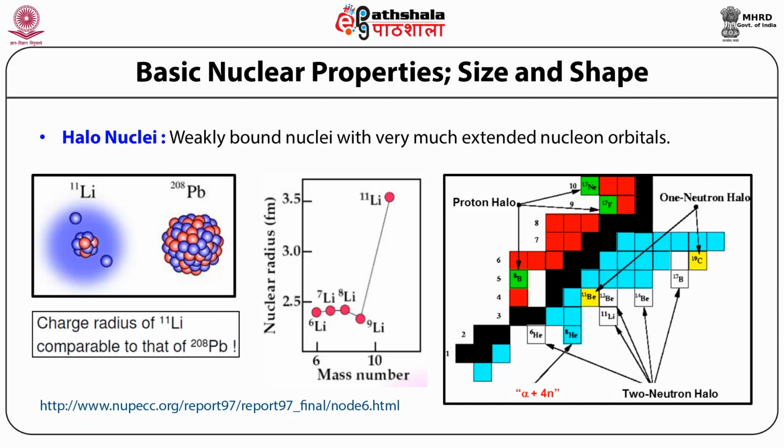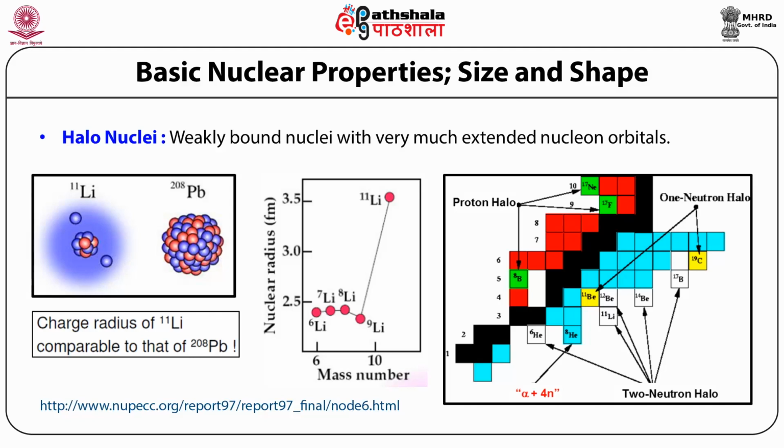It is not only the lithium 11 nucleus which is considered a halo. In further experiments, people have seen that there are a number of nuclei which can be considered halo nuclei. In the right-hand side picture, a chart of nuclei is given where various proton halo nuclei, and neutron halo nuclei, 2 neutron halo nuclei and 1 neutron halo nuclei, have been marked. Proton halo means those nuclei in which the protons are extended or have a large distribution compared to the central distribution.